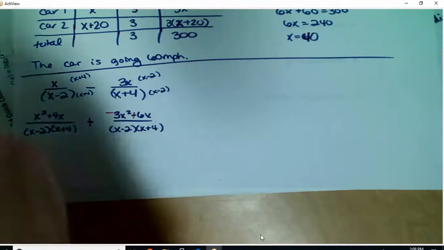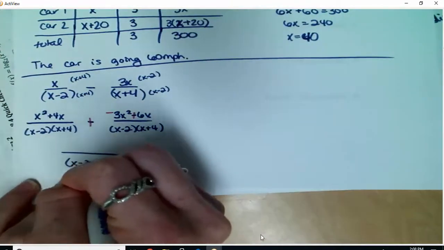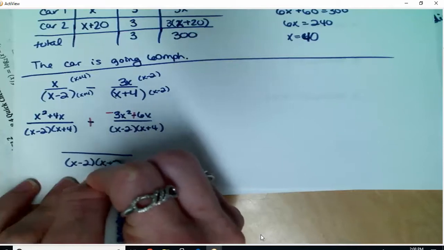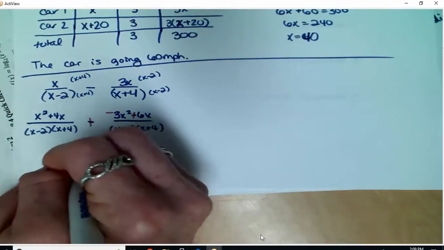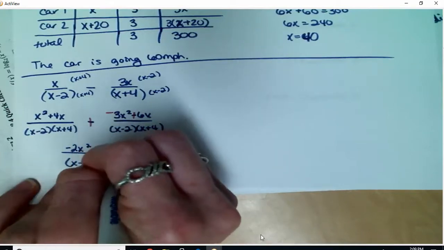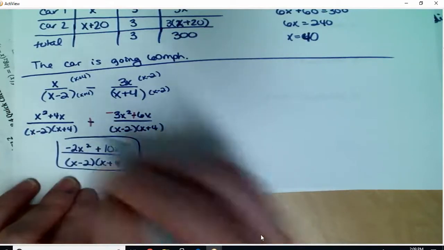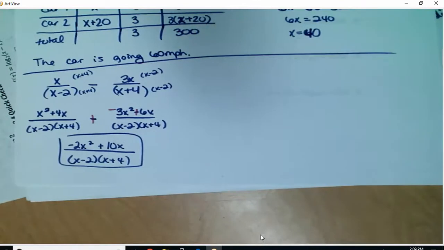Now the denominators are the same, so we can make one big fraction. X squared and negative 3x squared is negative 2x squared. 4x plus 6x is a 10x. So to add or subtract fractions, we need a common denominator.